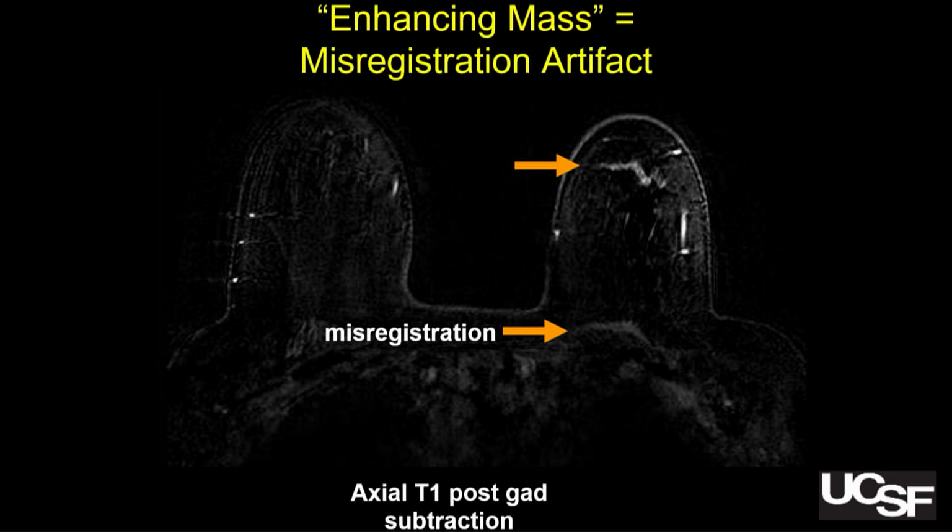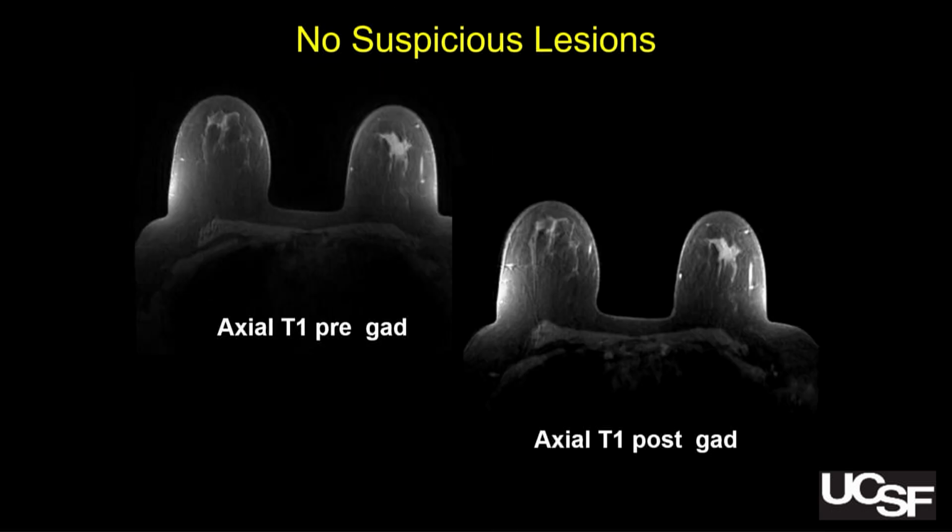So let me show you, this is misregistration artifact. Let me show you what it looks like non-subtracted. So there's the pre and the post. And the funny enhancing line you saw was this contour of the fat fibroglandular interface. Okay, so let me show you here. This is fat and fibroglandular tissue.